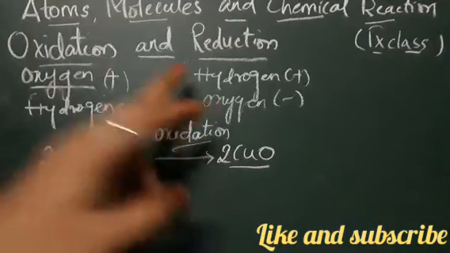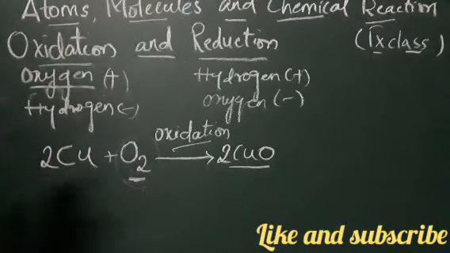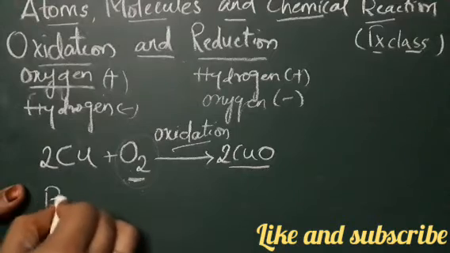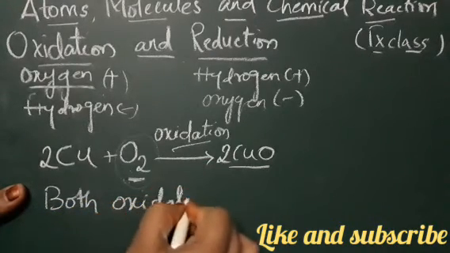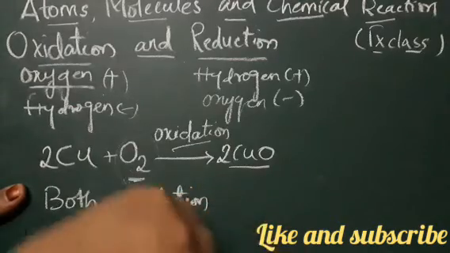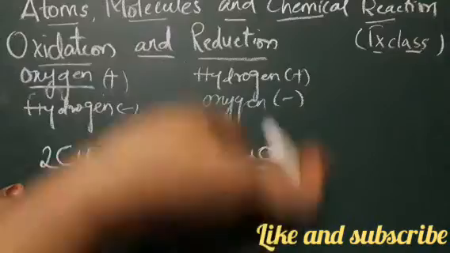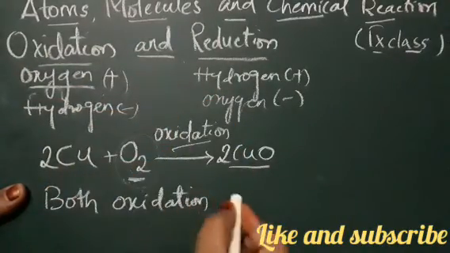Similarly, if you are adding hydrogen and removing oxygen, that is nothing but your reduction reaction. In some places you will see both oxidation and reduction reaction taking place. In some reactions we find both oxidation, that is addition of oxygen and removal of hydrogen, taking place in the same step, and hydrogen is added and oxygen is removed in the same step.